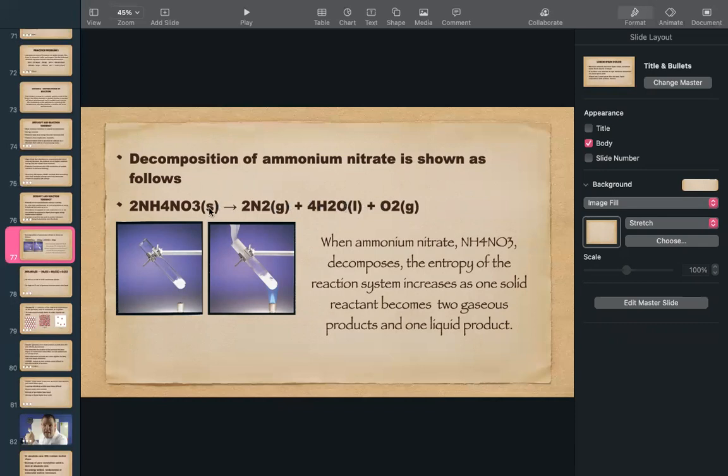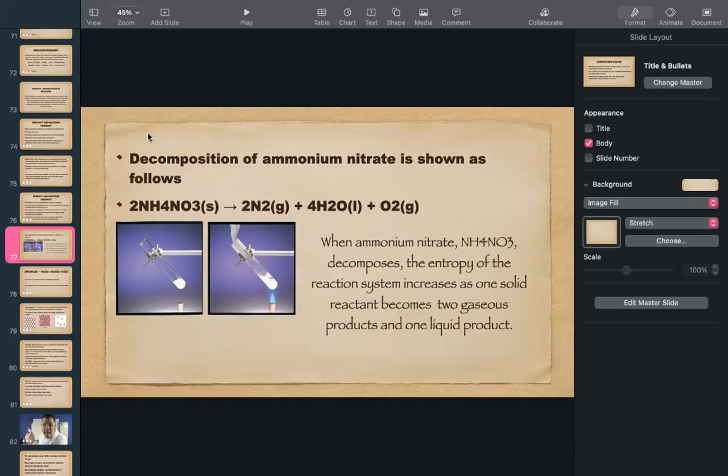Just based on the fact that you're going from a solid to two different gases and a liquid, that is a huge change in entropy. You're becoming much more random. So you're increasing entropy by turning a solid into a liquid and by turning a solid into a gas. And then on top of that, you're turning it into three different substances.